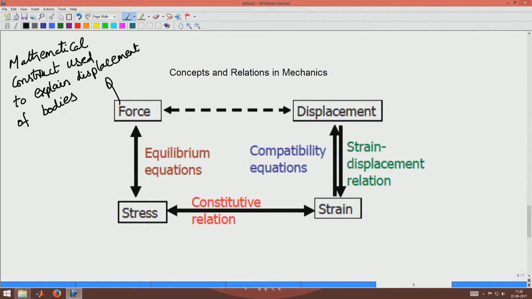It is not an intuitive concept, you cannot measure force directly, you can measure only the displacement that the force causes and infer what the force is.